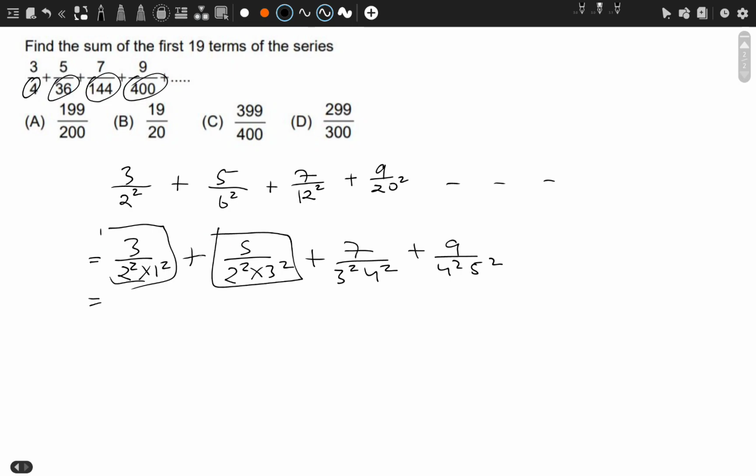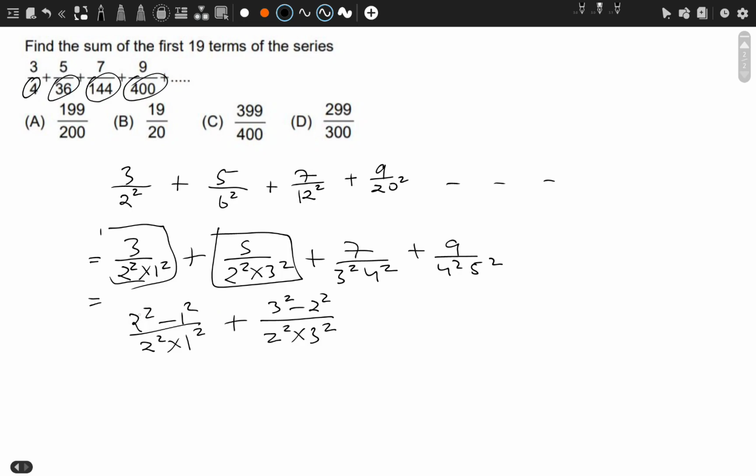So how can we do that? This can also be written as 2 square minus 1 square divided by 2 square into 1 square, plus 3 square minus 2 square divided by 2 square into 3 square.